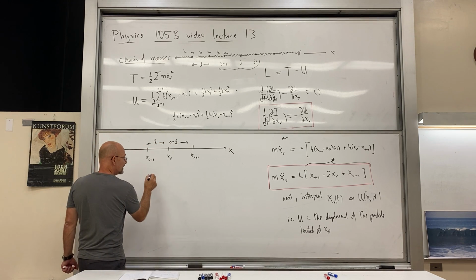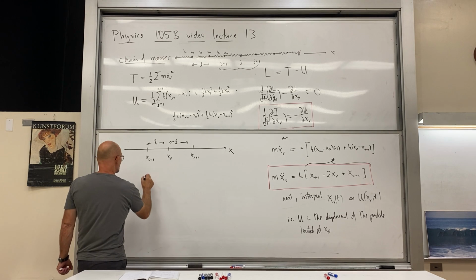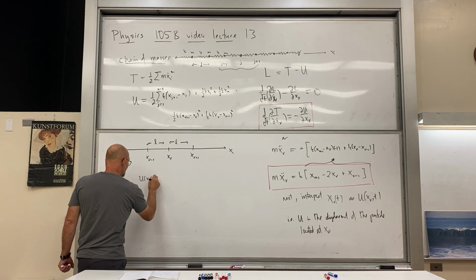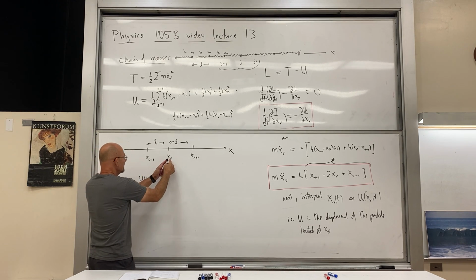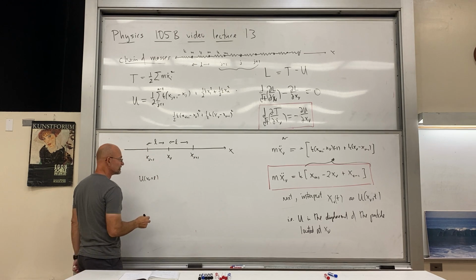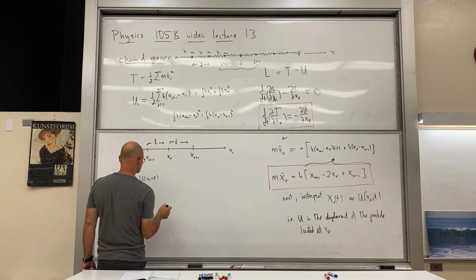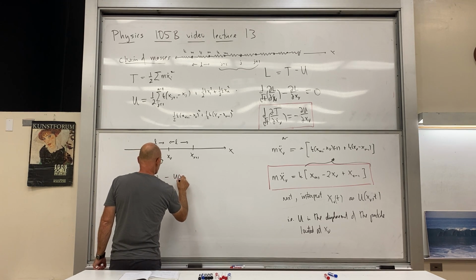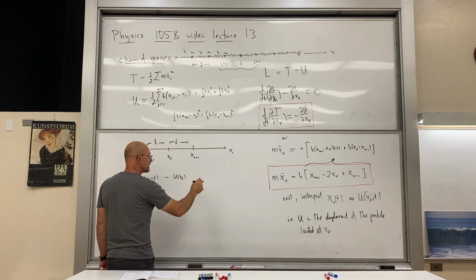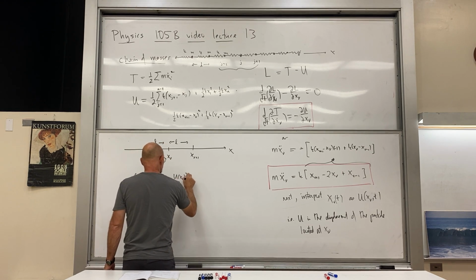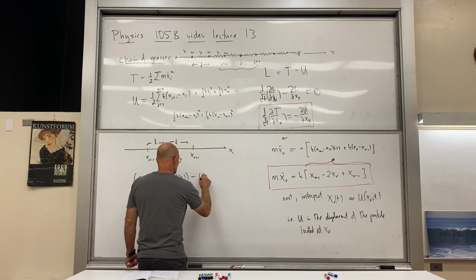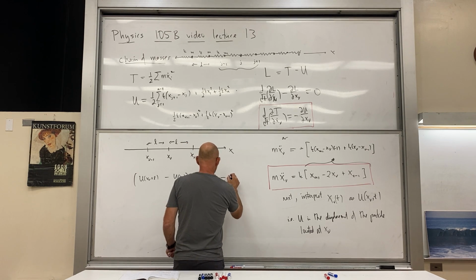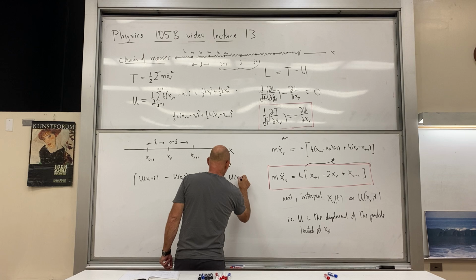So we have x nu plus 1, that's u of x nu plus L, okay, because that's the position here plus L, and I'll leave out the time for the moment, minus u of x nu, that's one of those, and then we're going to put parentheses around there and subtract off u of x nu, that's the second one, minus u of x nu minus L.